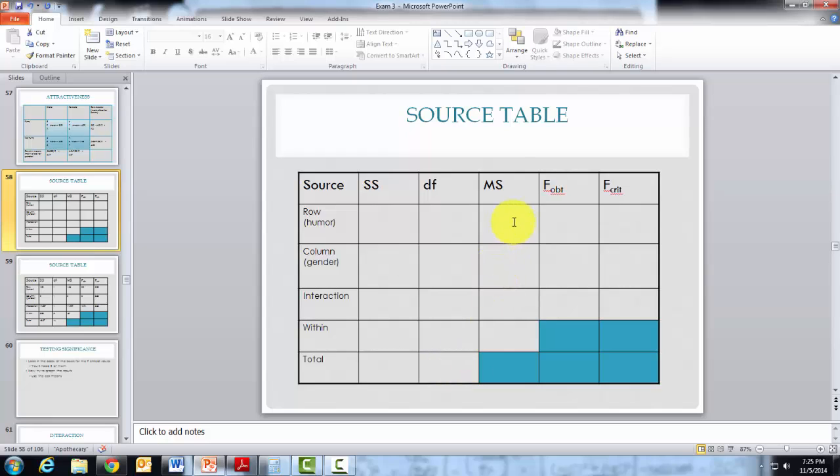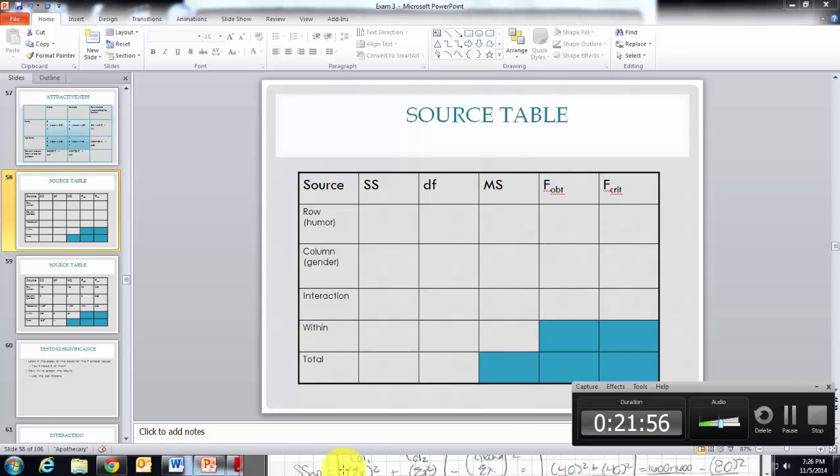Then we have 4 mean squares calculations, and 3 F obtained. And I went ahead and added an F crit to the source table so that you could have a quick glance about whether your F obtained was equal to or greater than your F crit. So I just added that in. So let me show you the worksheet about how this is calculated.